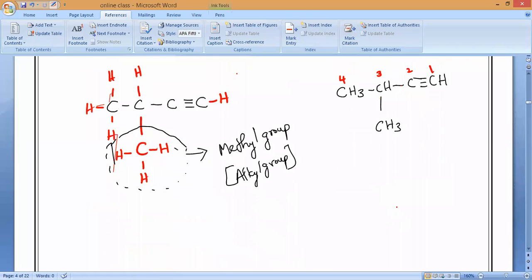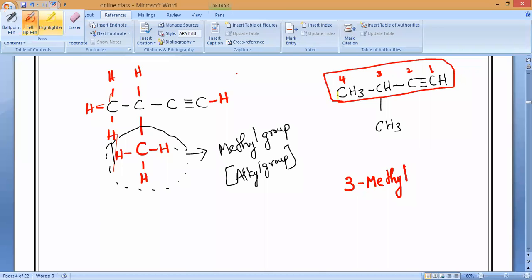Okay. Now, first of all, for which carbon is the branch there? Everybody. First carbon branch. 3. Understanding? And what is that branch? Methyl. Okay. Now, parent chain, how many carbons are there? Check it. 4. So 4 means what we used to say? But or pent?